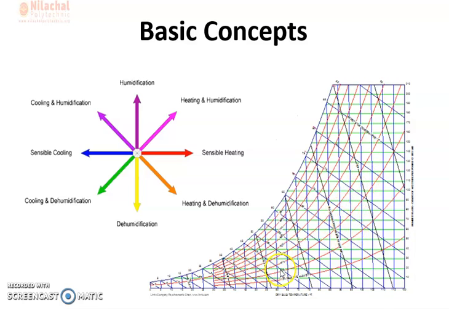So increasing the temperature like this and humidification like this, finally we will get the resultant line, slightly inclined upward. This is the heating and humidification, which means the dry bulb temperature is increasing as well as the moisture level.